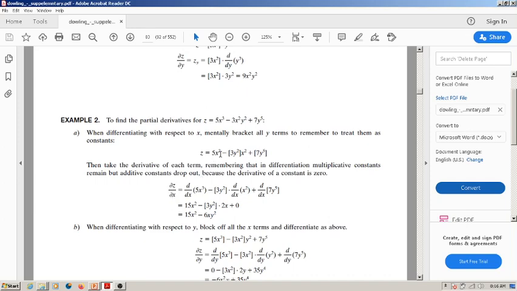The first term is 5x cube. So you have to find the derivative d by dx of 5x cube minus this term. You have to retain the bracketed term as such since it is a multiplicative constant, 3y square. Then take the differential of x square, d by dx of x square. The third term is d by dx of 7y raised to 5, which is a constant, and we can drop it.